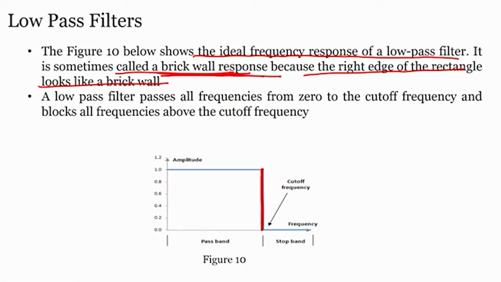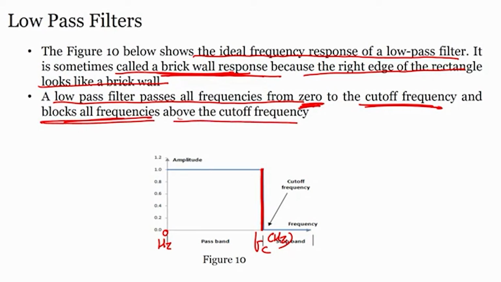alright. A low pass filter passes all frequencies from 0 to cutoff frequency, that is what I said. This is 0 hertz, and this is FC, the cutoff frequency. So, a low pass filter passes all the frequencies from 0 to cutoff frequency and blocks all frequencies above the cutoff frequency, alright. You see here, where is my FC, or cutoff frequency, it is here.